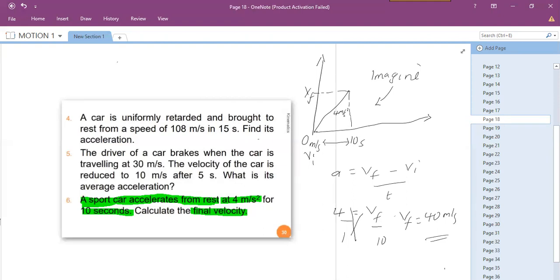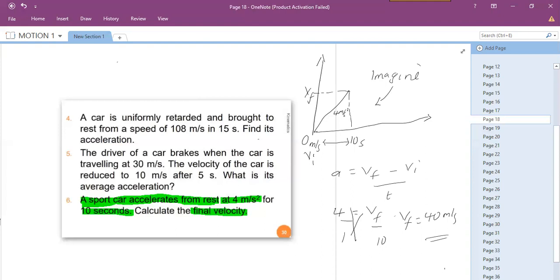Retardation, your answer is going to be a negative. But after you get that negative answer, you're going to write it in a positive way, like we did, we said 4 meters per second squared. Then we're going to tell the examiner that it's moving in the opposite direction. So we said 4 meters per second squared in the opposite direction.